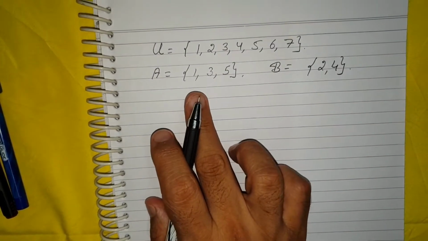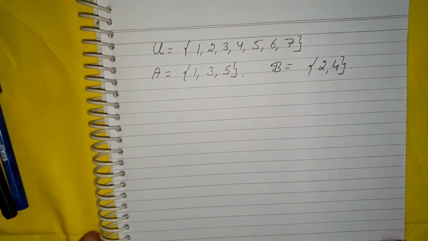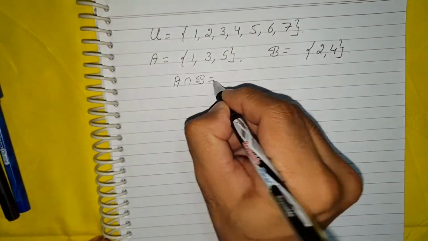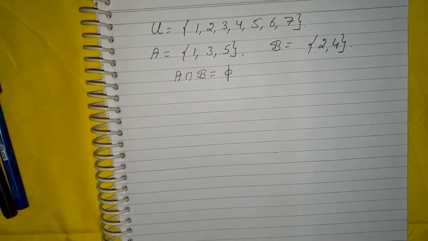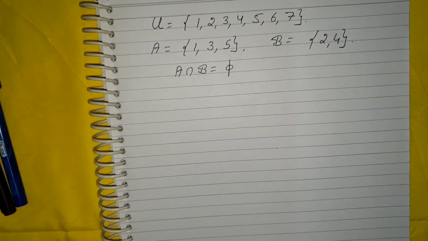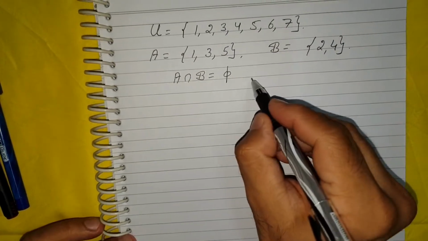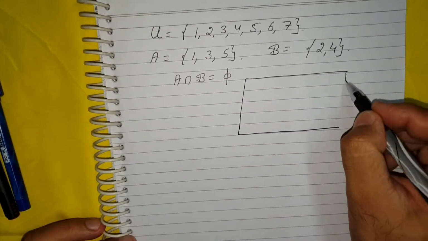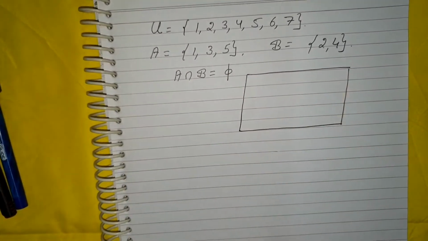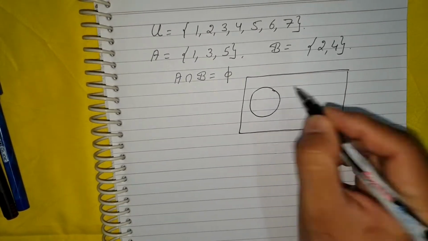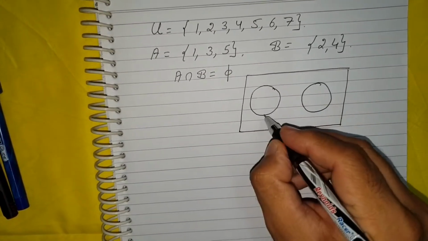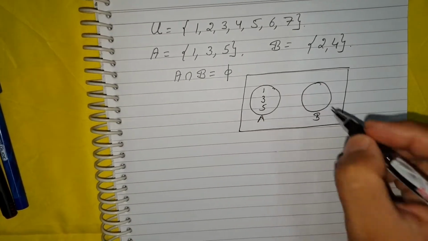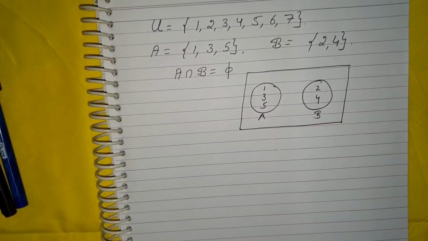Now as you can see, there is nothing common between A and B. So basically A intersection B will be the phi set. Now how to represent this as a Venn diagram? Again, this is the universal set. This is an example of a disjoint set. You write A and B as two separate circles. This is A, this is B, with 1, 3, 5 and 2, 4.